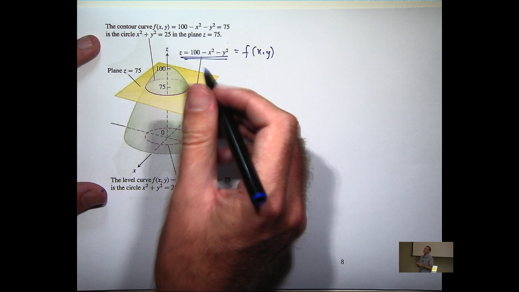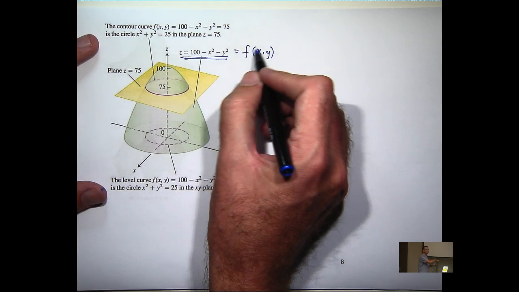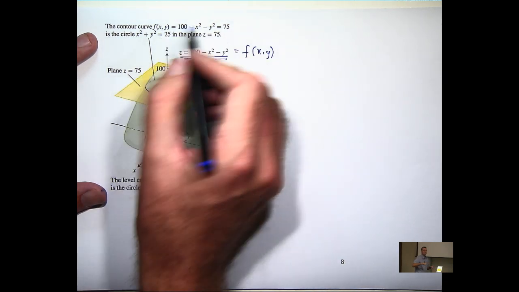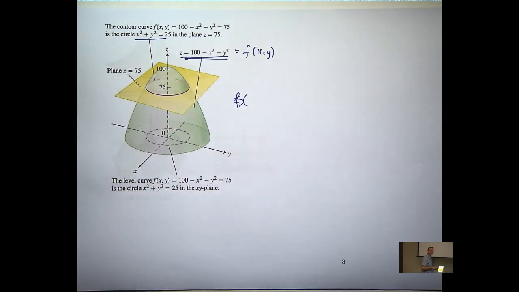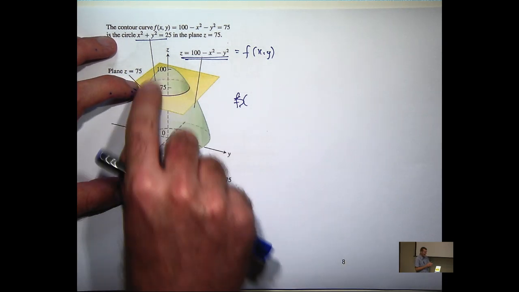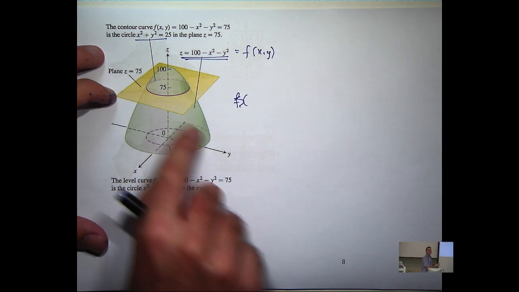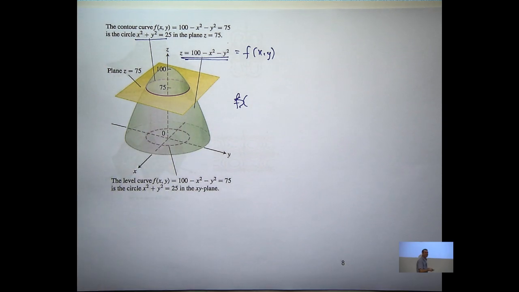Okay, so essentially this lies in the plane z equals 75. You put 75 in here, and you rearrange, and you get this. Now, if I draw the same circle in the xy plane, then we call this particular circle a level curve. It's the same circle, just drawn in different planes.